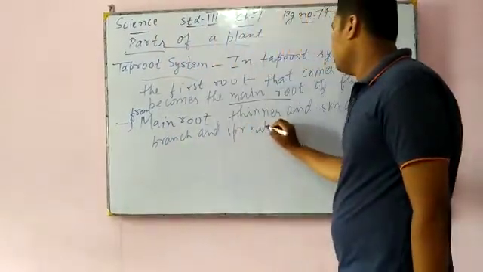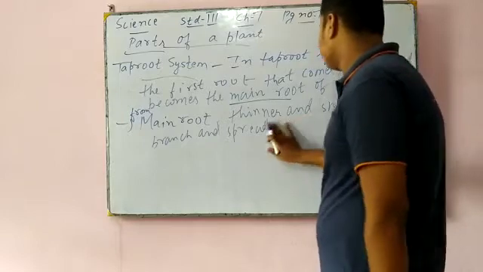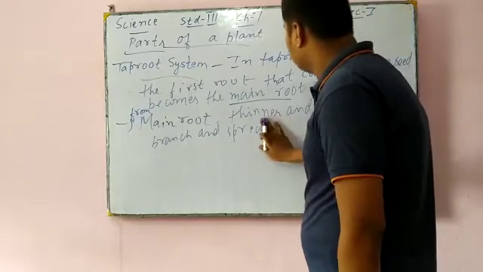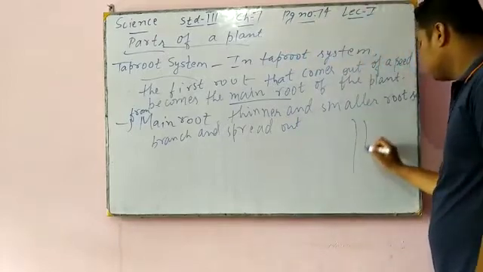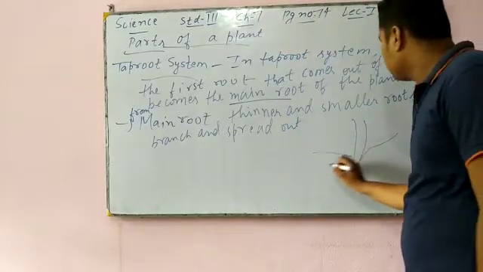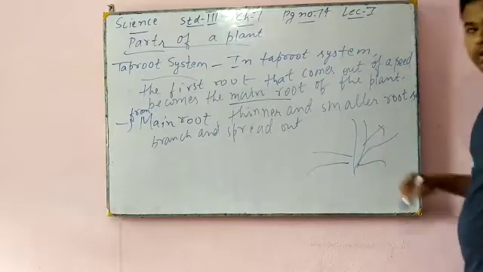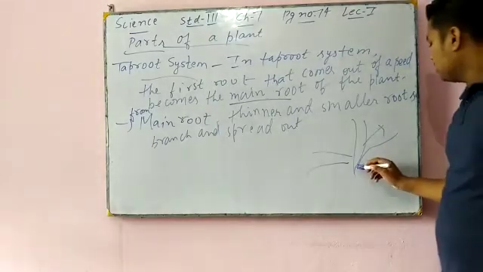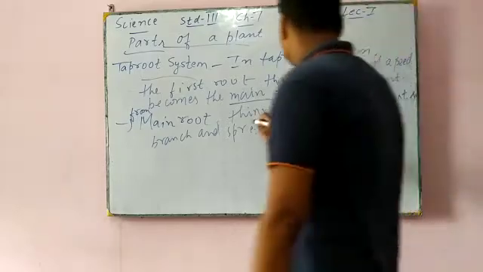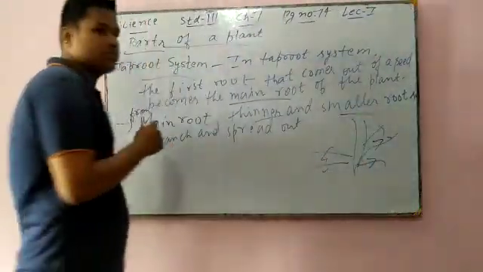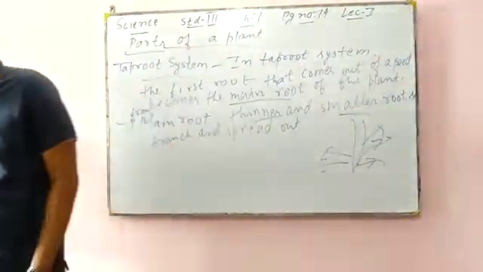Okay, so like I have shown you, when the root is there, whatever this branch will come, this will be the first main root of the plant. Then whatever branches will spread, this is the other branch, thinner and smaller roots will spread from this main root.